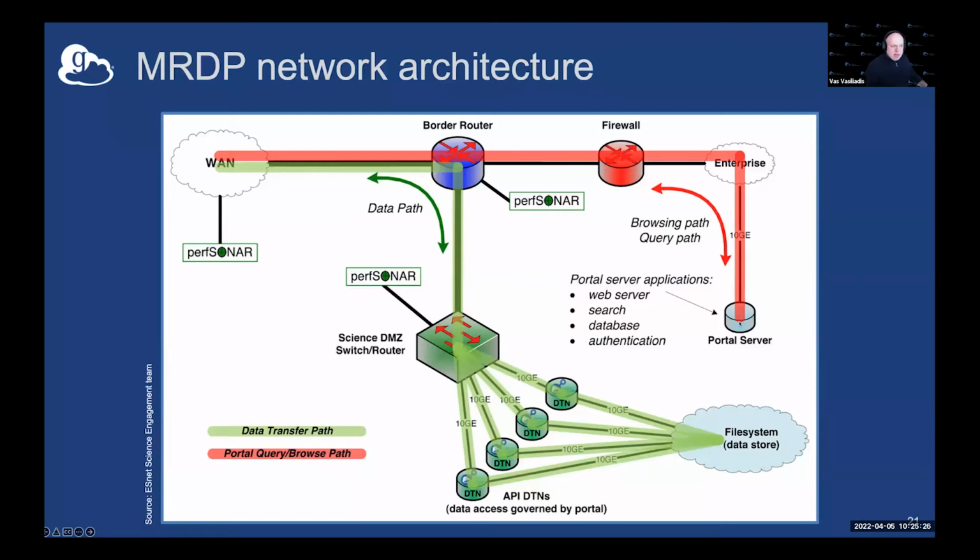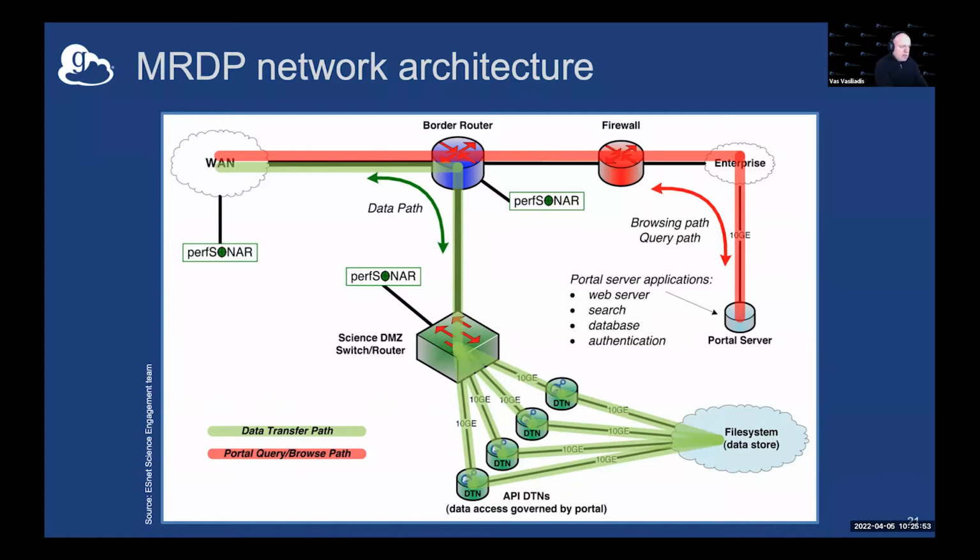And that's actually fine, because the volume of data or level of traffic that goes to that is relatively small. The bulk of the bandwidth is being used on this green path. And this is what a lot of institutions have put in place over the last 5 or 6 years.